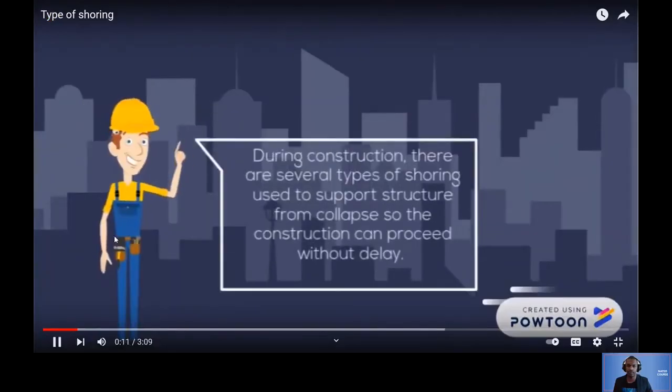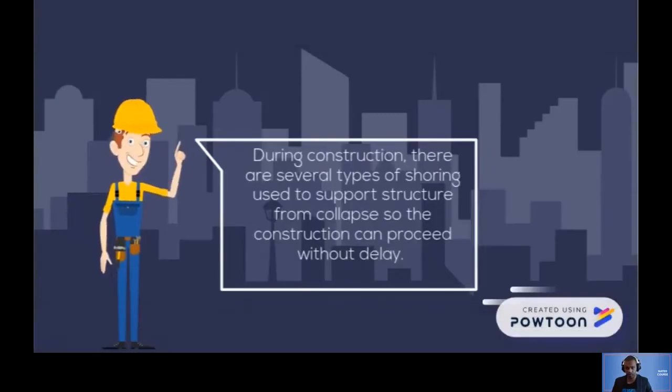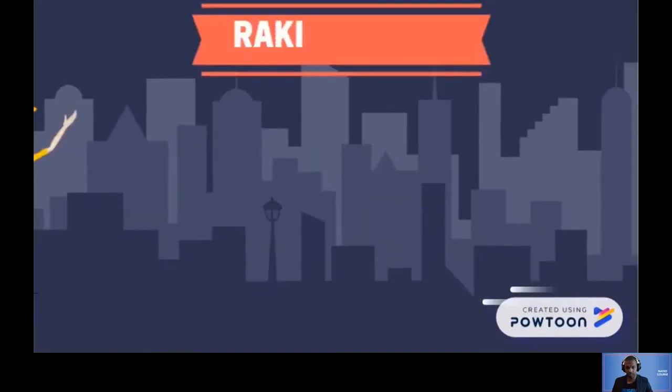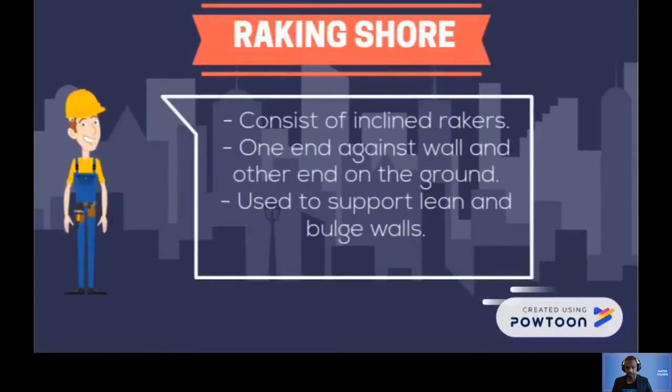During construction, there are several types of shoring used to support structure from collapse so the construction can proceed without delay. Raking shore consists of inclined raker, one end against wall and other end on the ground, used to support lean and brush wall.